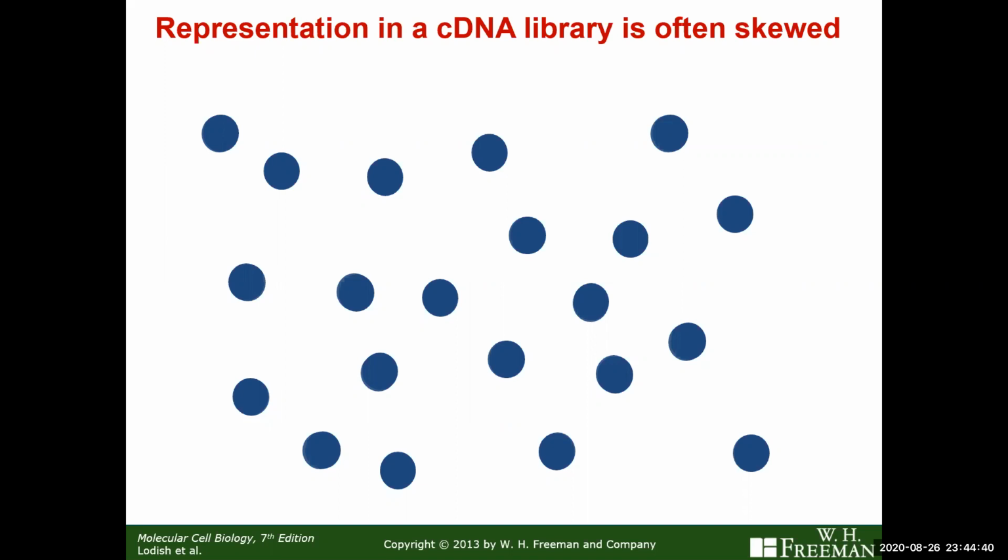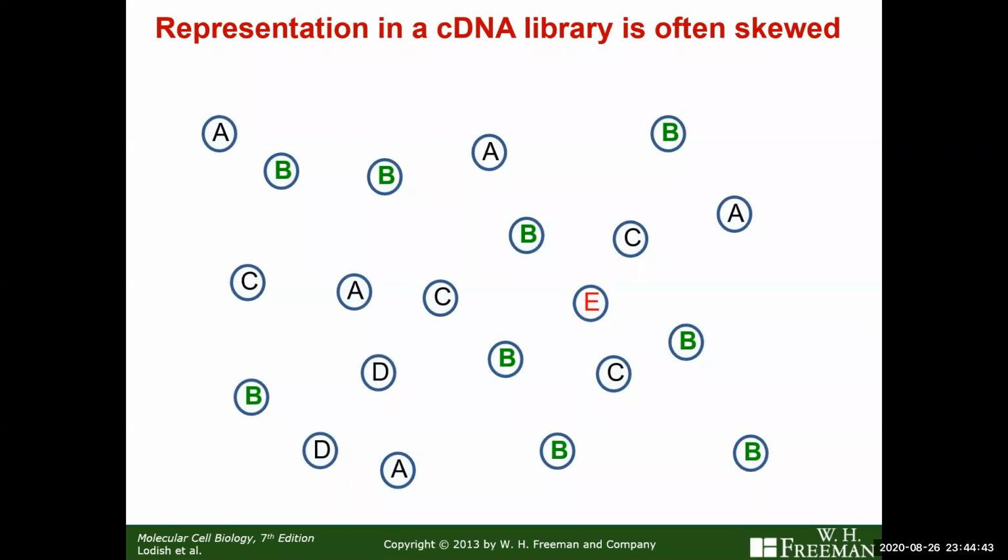If you sequenced, you will perhaps see something like this: there are many A's and B's and some C's, and maybe just one D and one E. These are different genes, where A and B are perhaps your actin and tubulin, C is perhaps an enzyme in the glycolytic pathway, while D might be a transcription factor and E might be a ligand for a signal transduction pathway.